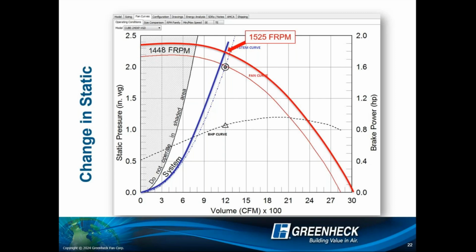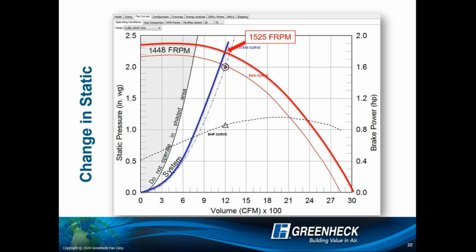Well, I'll put my cursor on here. Selecting a fan just inside the good spot right here might not be a good fan selection, right? Simply because any extra static pressure and my system resistance curve is going to arc me into the do not operate zone, right? So right off of the do not operate zone, probably not the safest of selection points.